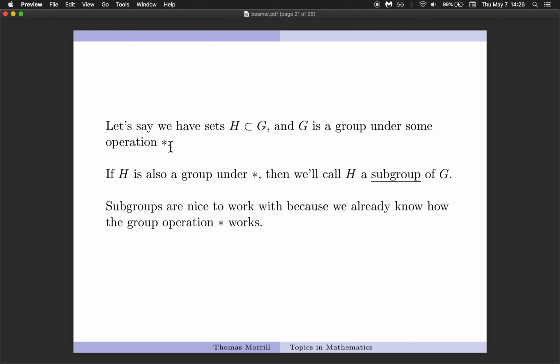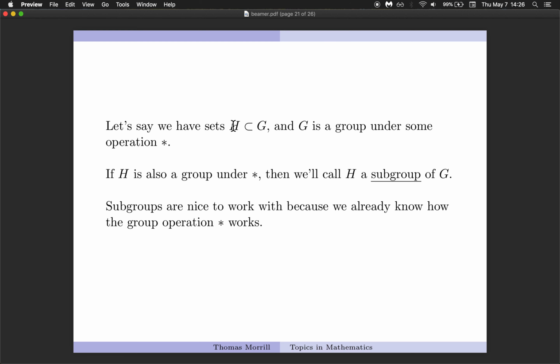I don't know what the operation is, so I'm back to using an asterisk or a star. That's my setup. I want to know, is H also a group under that same operation star? If so, that's what I mean when I say H is a subgroup of G.